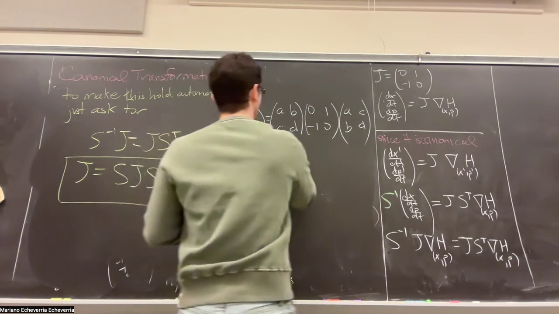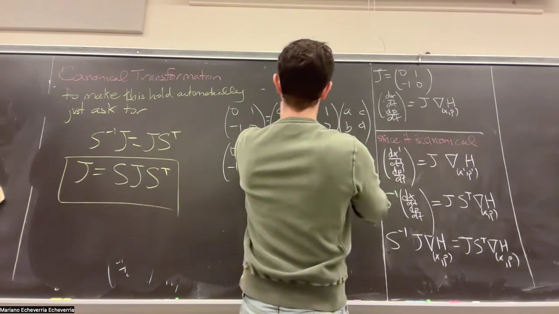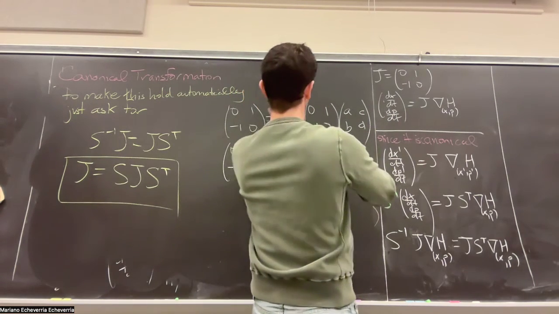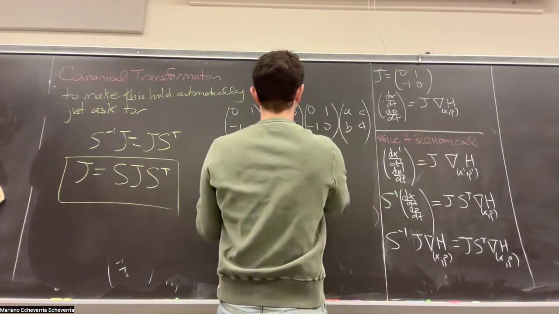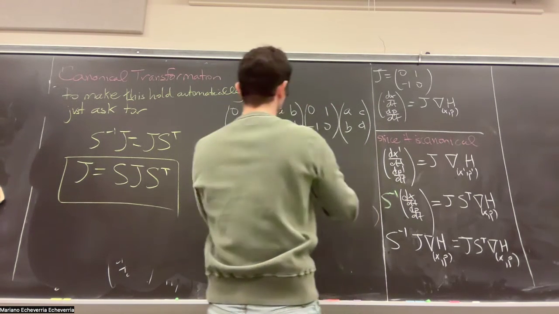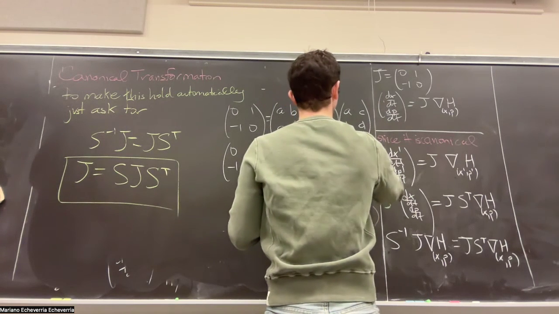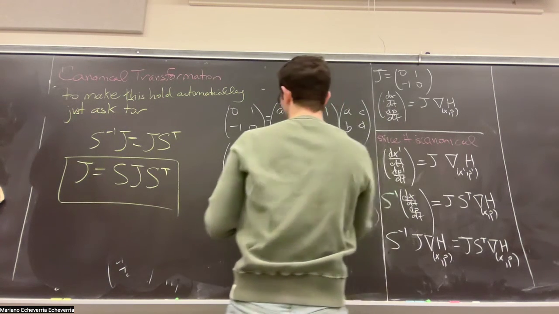When you do this, you get negative B, then A, then minus D, then C. If I make any mistakes, just let me know.